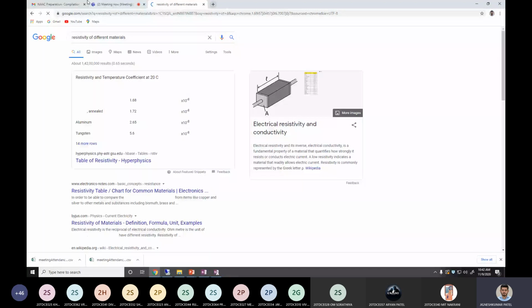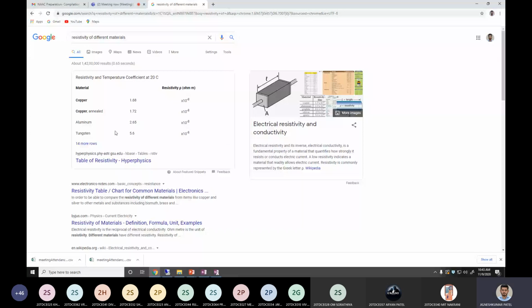For copper, the resistivity is 1.68 into 10 to the power minus 8. Aluminum is 2.65 into 10 to minus 8. Tungsten is 5.6 into 10 to minus 8. We don't have to memorize these values. I'm just giving you an example of how the value differs from material to material.